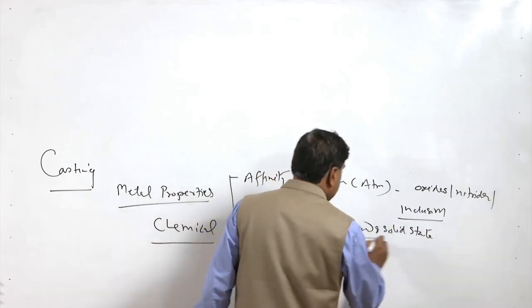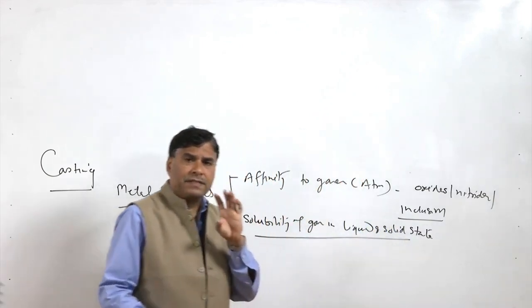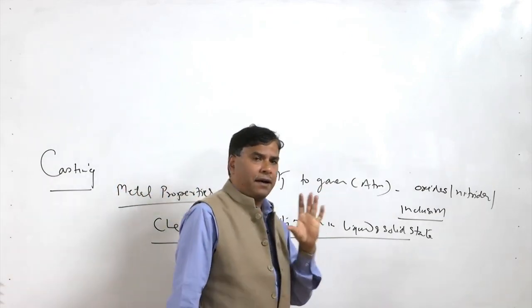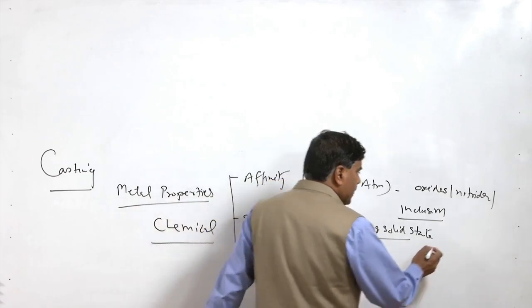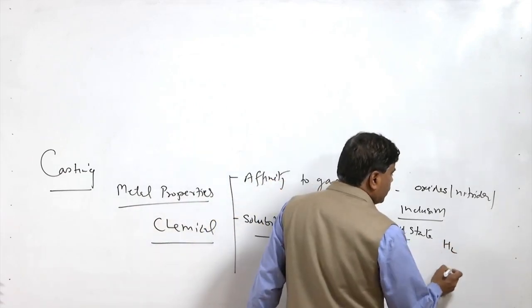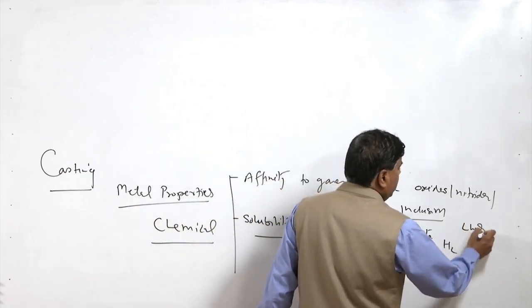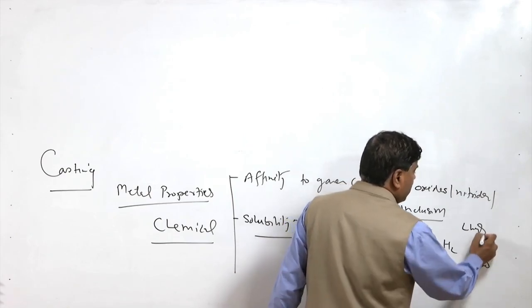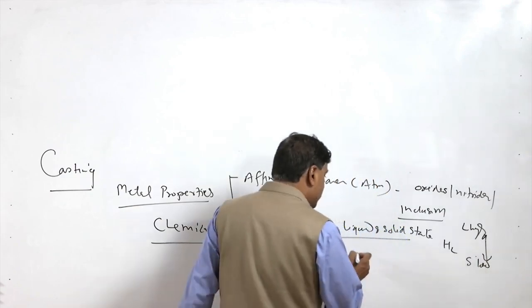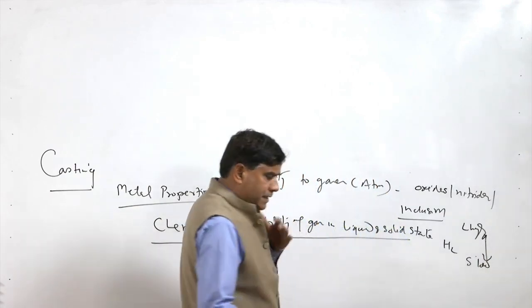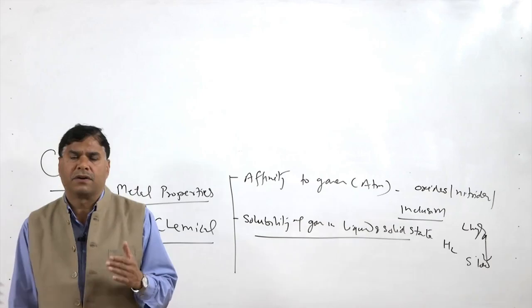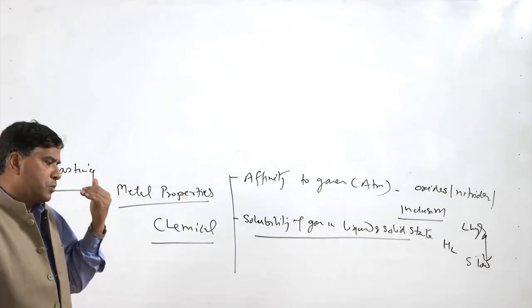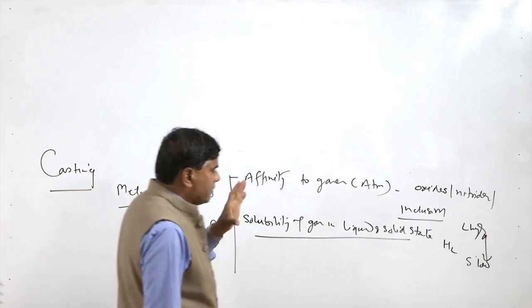For metals where the difference in solid and liquid state solubility of gases is high, say for a gas like hydrogen, if the solubility in the liquid state is high and in the solid state it is very low, then this large difference leads to the rejection of the hydrogen to the atmosphere in the course of solidification.